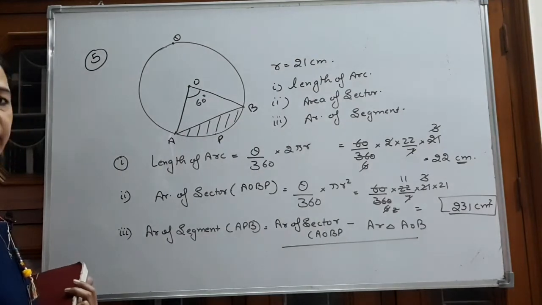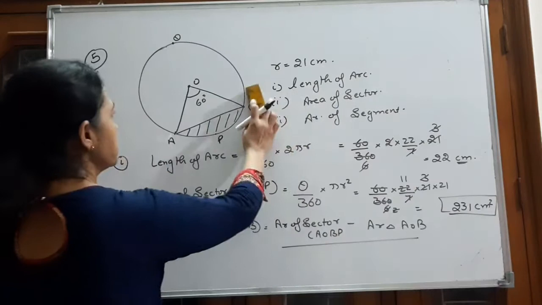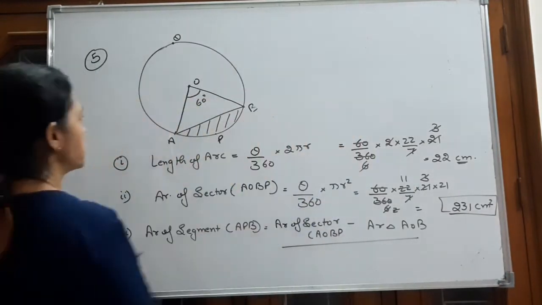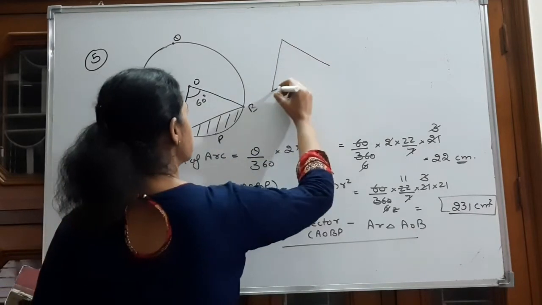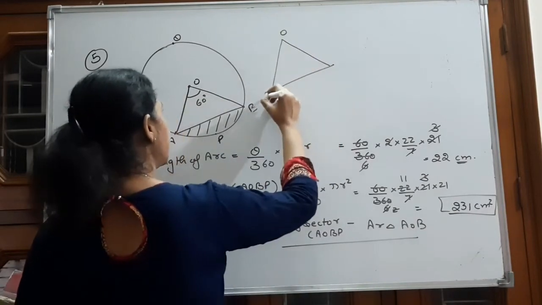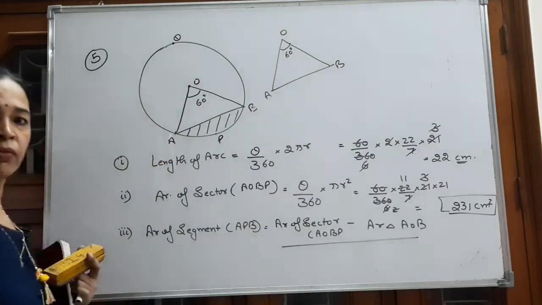Now, what do we have to find? We have to find the area of the triangle. We have a triangle OAB. This angle theta is 60 degrees, as given.